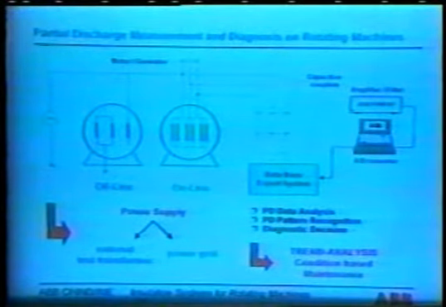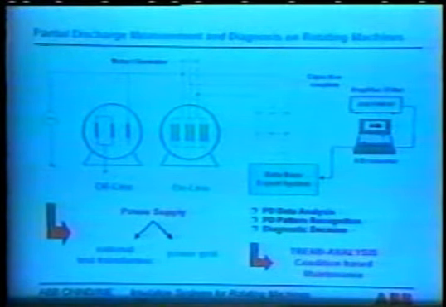The signals, the PD signals within the stator winding are detected with capacitive couplers, and these signals are then fed to an amplifier and filter hardware with special characteristics. And after that, the data can be pre-processed with the computer and analyzed with some kinds of expert system.